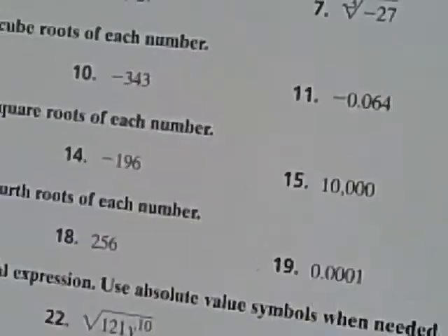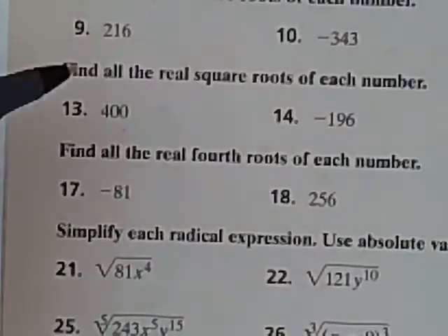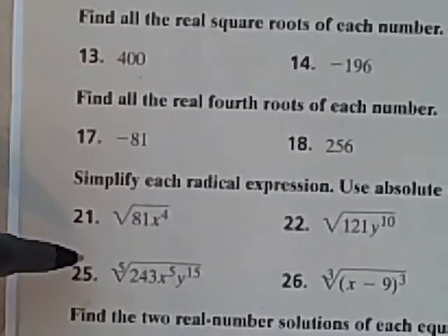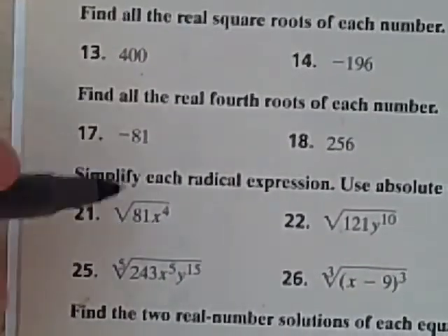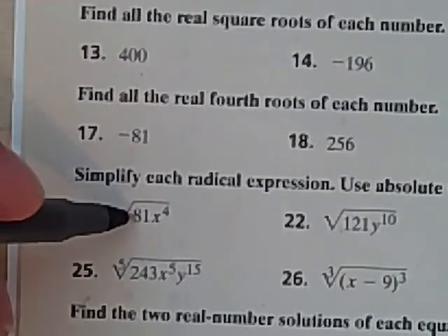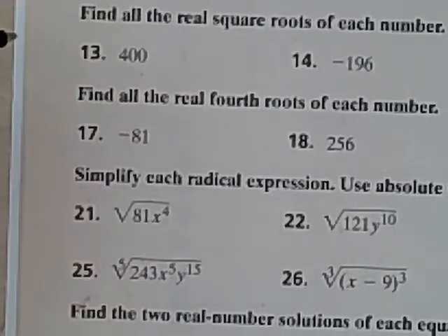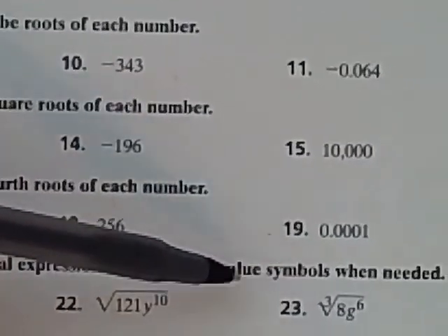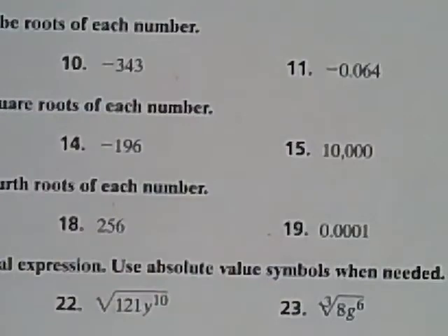When they ask you to simplify a radical expression, like they're doing here, number 21, it says simplify the square root of 81 times x to the 4th power. But when do you use absolute value symbols? It says only use them when you need to.